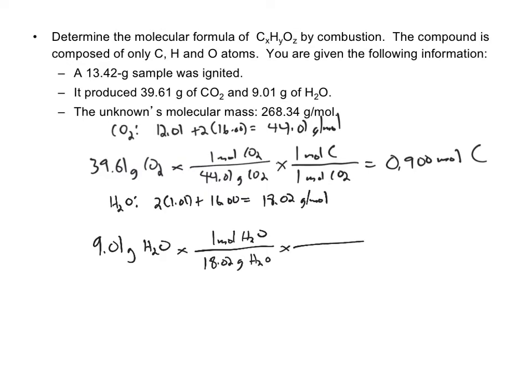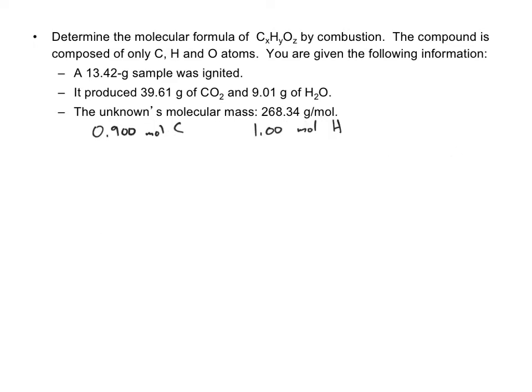And now for every 1 mole of water, I'll get 2 moles of hydrogen atoms. And that comes out to be 1 mole of hydrogen. So I'm going to take this and go on to the next slide where we have a little bit more room to find then the moles of oxygen.